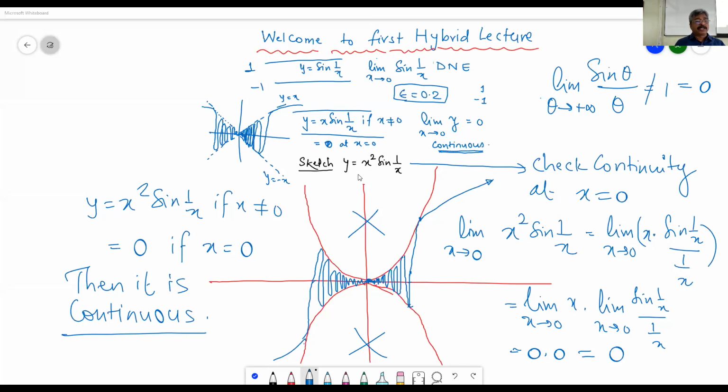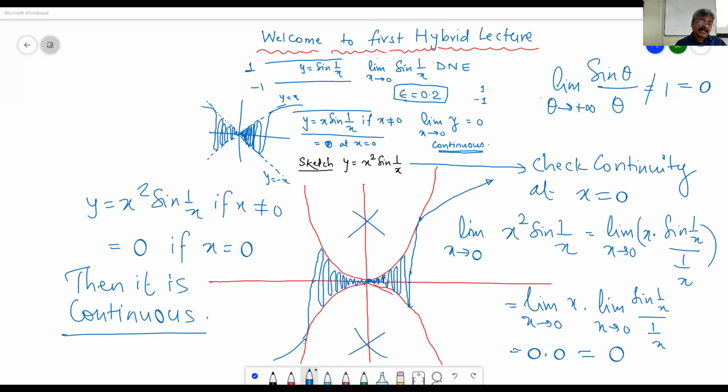Now we further dampen it by multiplying by x square. So if we try to sketch y is equal to x square sine 1 upon x, the graph will be enveloped by y is equal to x square and y is equal to minus x square. Vibrations because of sine 1 upon x will continue to be there. However, they will not cross this boundary, y is equal to x square and y is equal to minus x square.